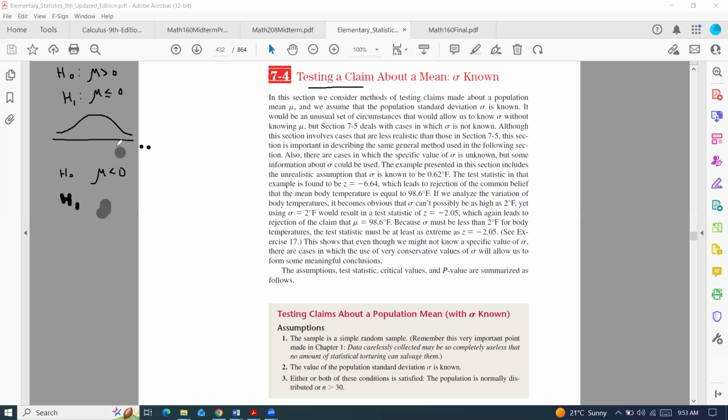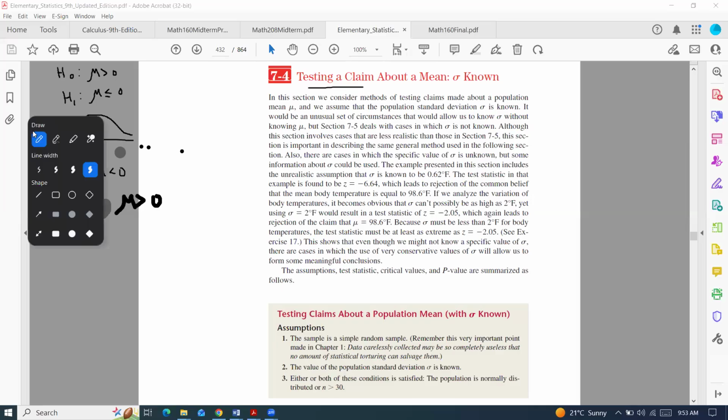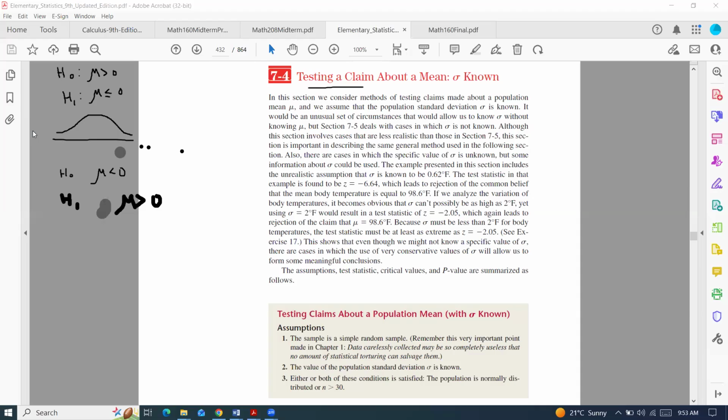Why did it get so thick? I don't understand. Let me make this greater than 0. Not sure what happened. What did I click? It started to be extremely thick. Oh, here it is. Okay, now I got it.